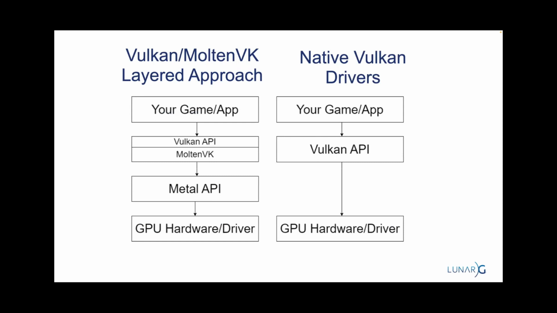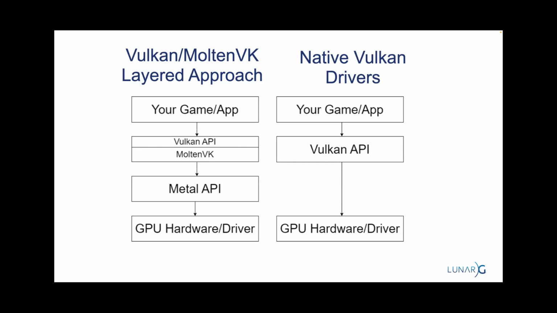Anywhere else, your game or app is going to call Vulkan, and then it just goes right down into the GPU driver. It's the same thing. So there's a few layers that you're going to go through. Fortunately, modern CPUs are very fast, and the majority of your performance is going to happen because you're running on the GPU, you're not running on the CPU anyway.